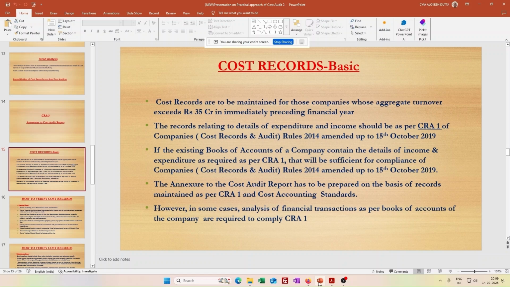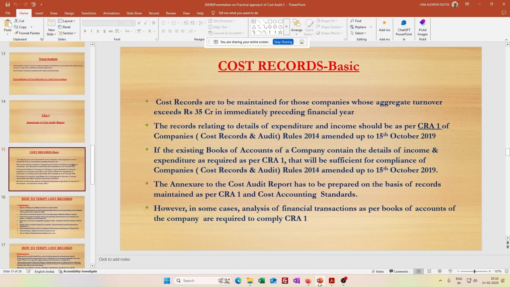I am giving one example. After the introduction of Ind AS, the concept of prior period has been abolished. All income or expenditure, whether it pertains to the current year or a prior period, is booked under a single general ledger, a single financial code.